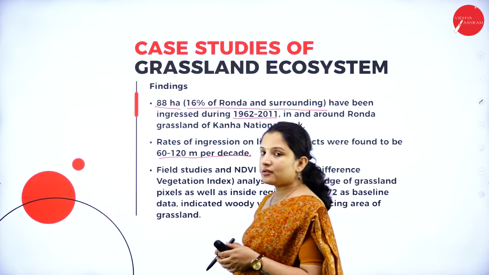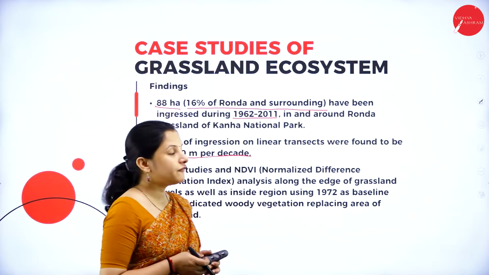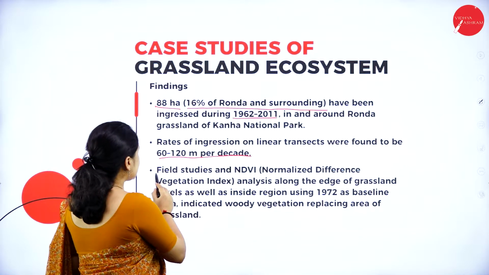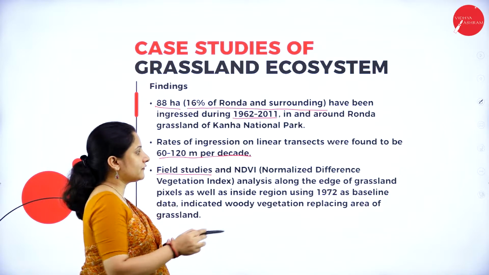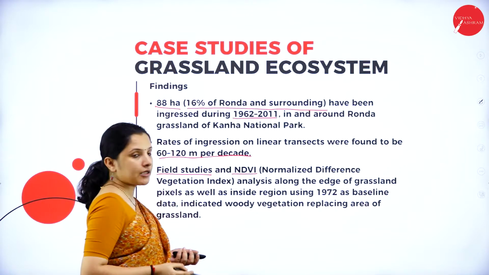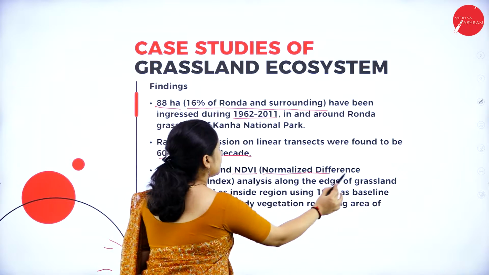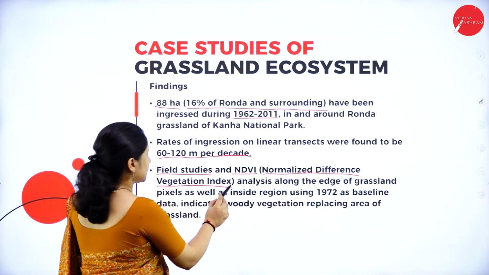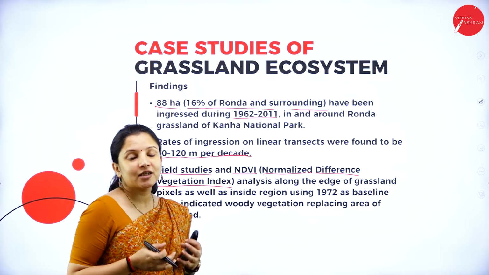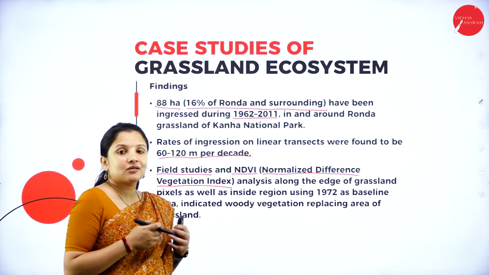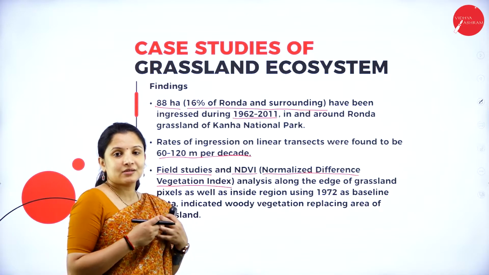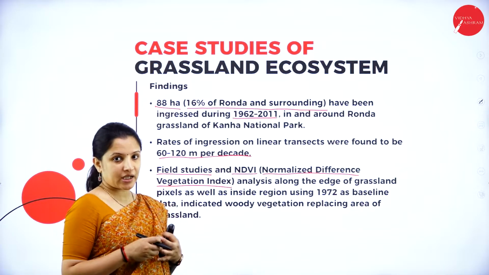Then they conducted field studies and went in for NDVI. NDVI means normalized difference vegetation index. That is to know the density of the vegetation, how thick the grassland in that particular area is.